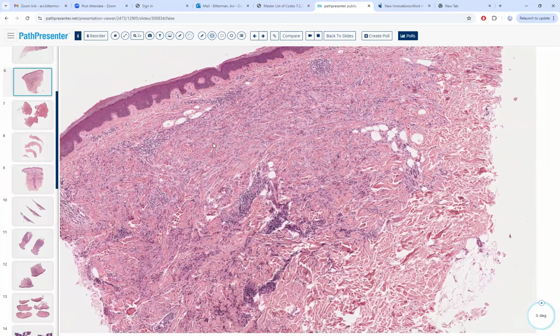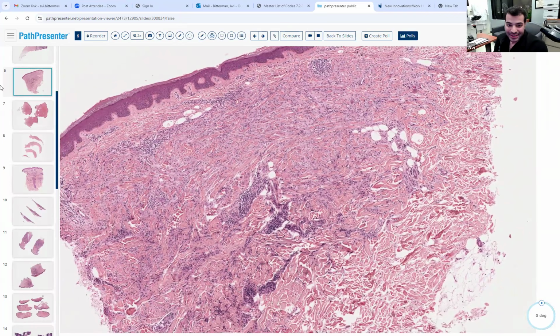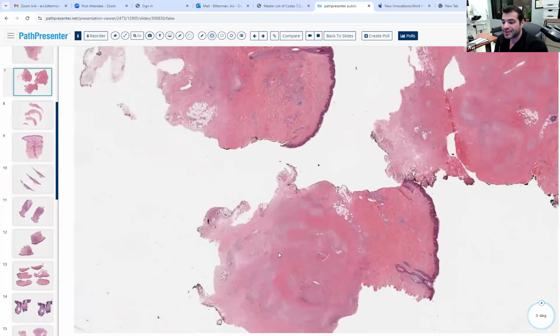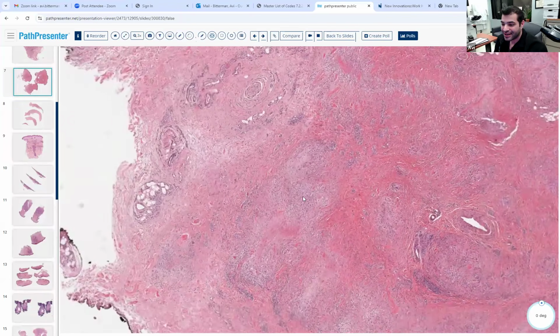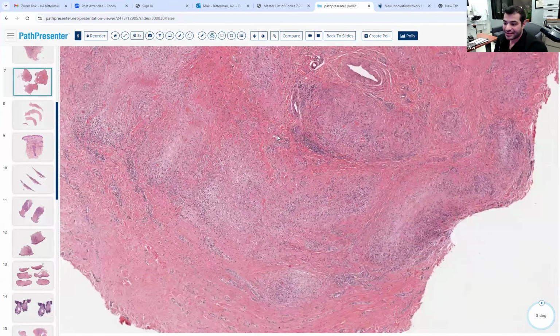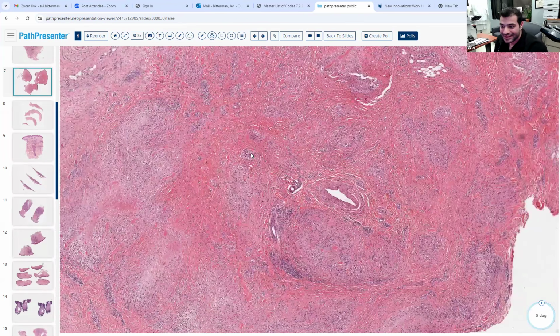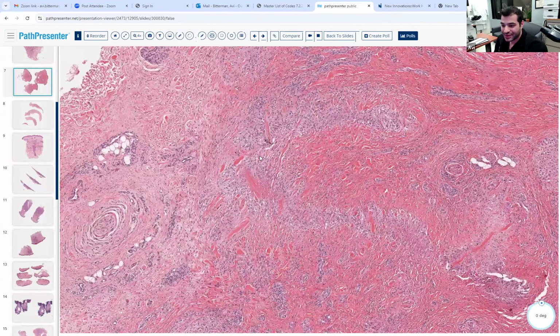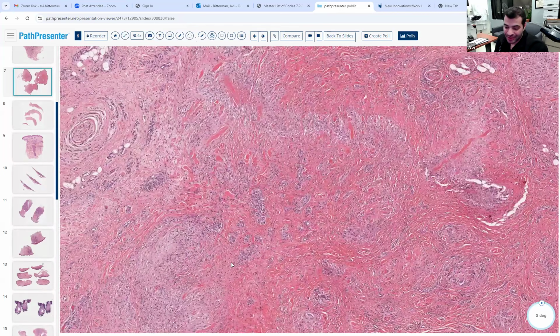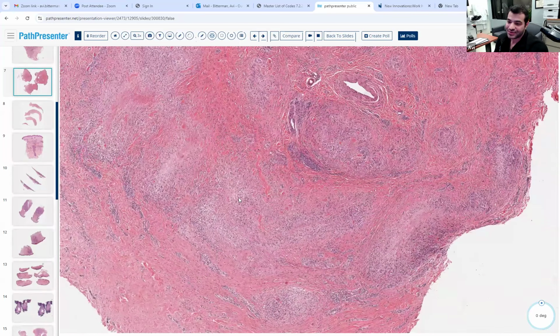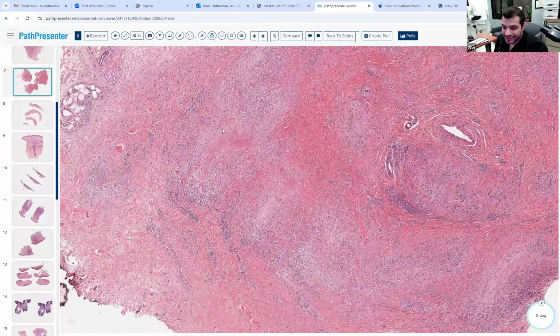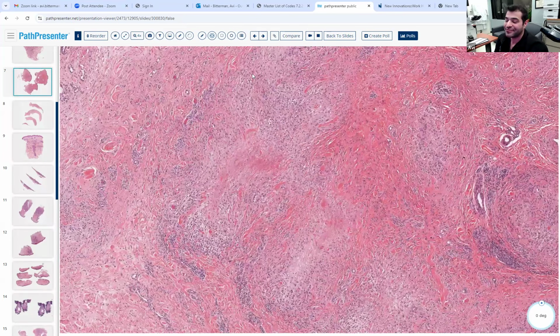But palisaded granuloma is something like this, where the histiocytic infiltrate is not just present, but organized around something. It's around here and it's around here. It's multifocal here. It's not just one granuloma, but a granulomatous infiltrate that is palisading around things.